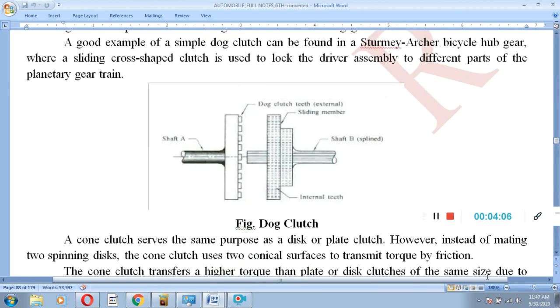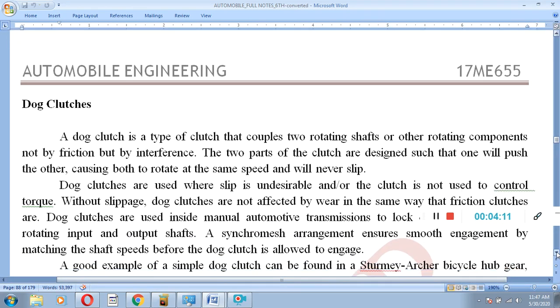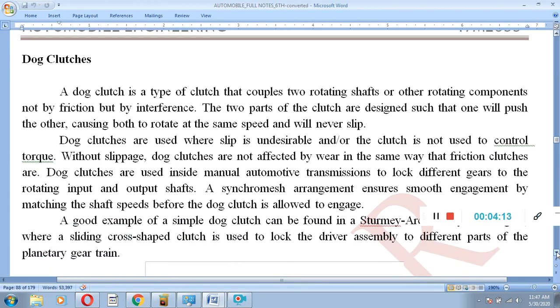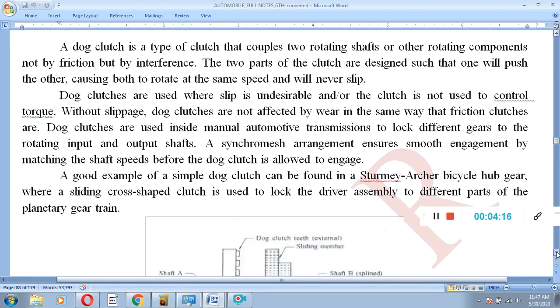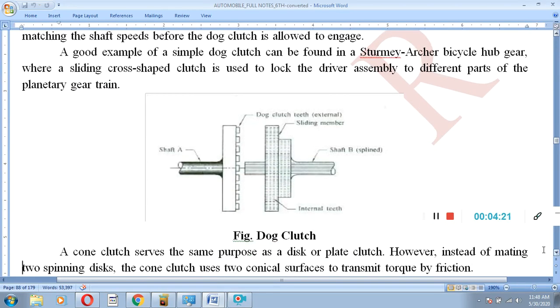It consists of shaft A, shaft B, and the dog clutch teeth. You may observe that these are the dog clutch teeth, and this one is the sliding member. The dog clutch also has internal teeth. Now we will see how it works.